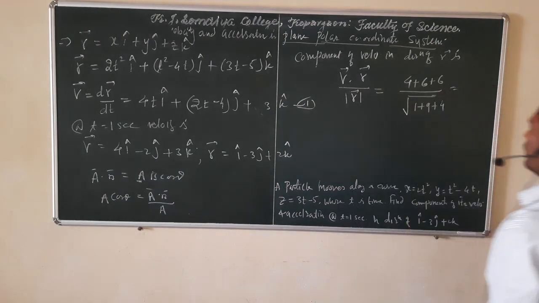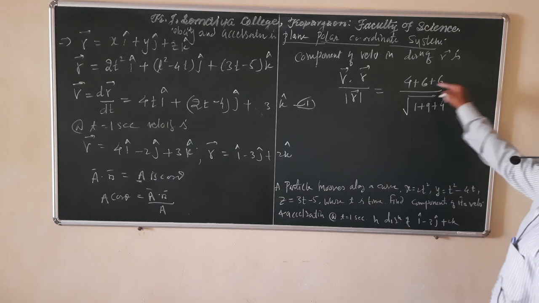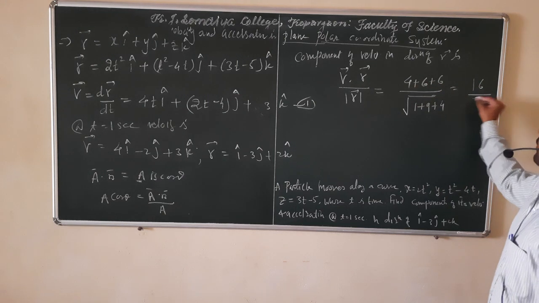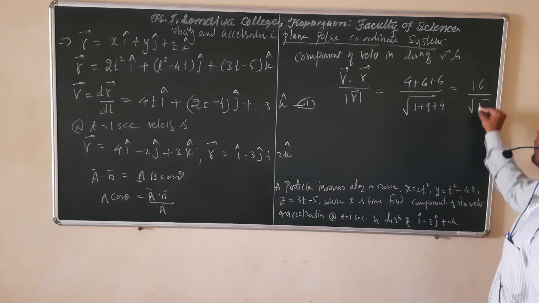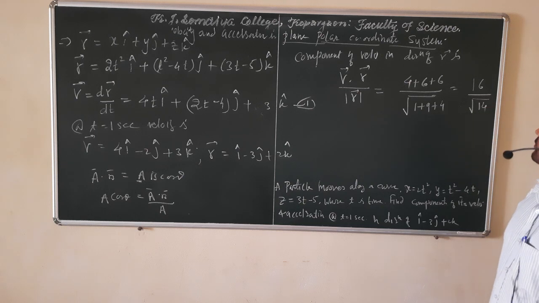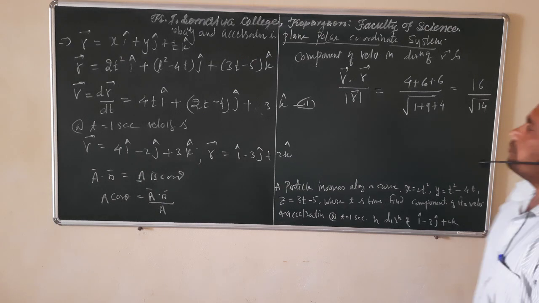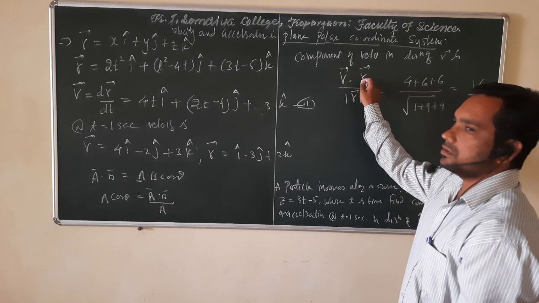So this is equal to 16 divided by under root of 14. So 16 divided by under root of 14 is the component of this vector along r.